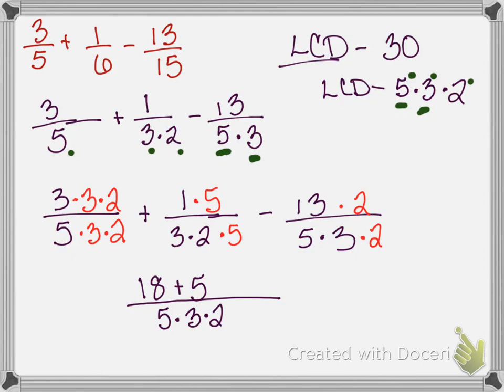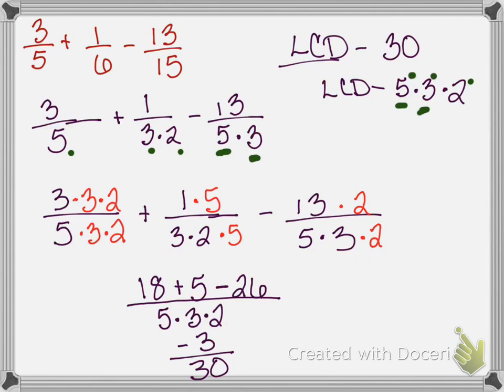So I am subtracting 13 times 2, which is 26. So don't lose that minus sign there. 18 plus 5 is 23. Minus 26 is minus 3. And that is over 30.